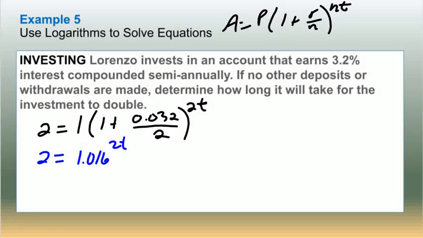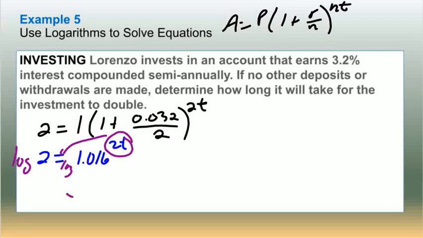Now to do this, I'm going to find the logarithm of both sides. So log of 2, and then the log of this side. Since I have an exponent, this can go in front.